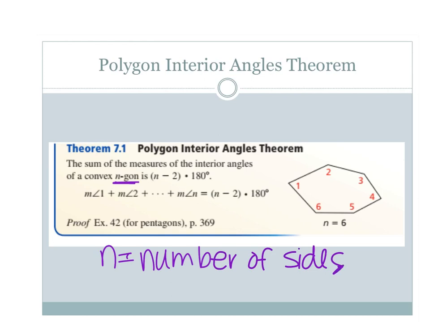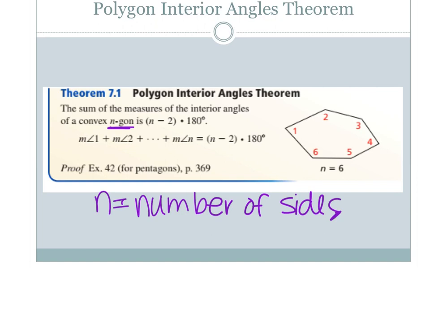N equals number of sides. The formula that I was using on my calculator as you were telling me the number of your sides, for any shape that I give you, is n minus 2, times 180, every single time.